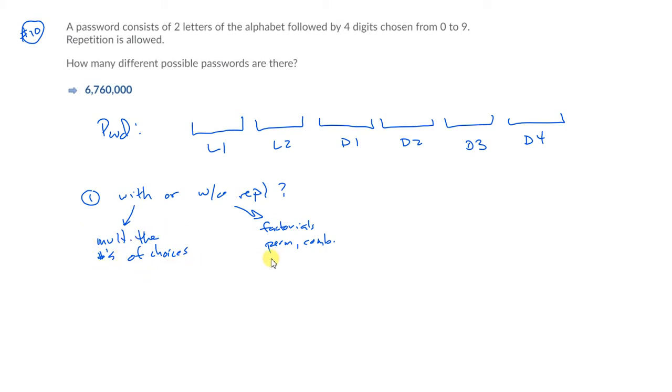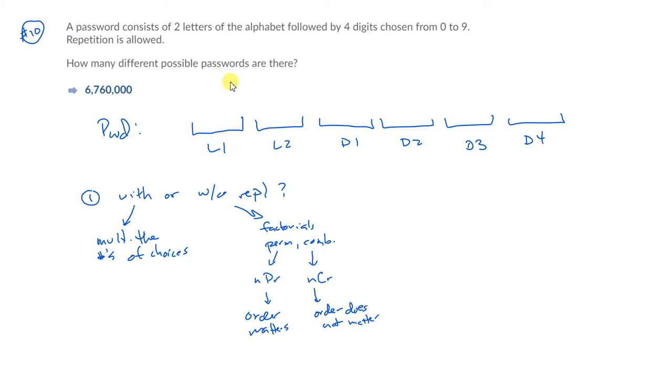If it is without replacement, then permutations like nPr or combinations like nCr. What's the difference? Permutations is if the order matters, and combinations is if the order does not matter. So that's the next choice you would have to make if you decide that we're not replacing.